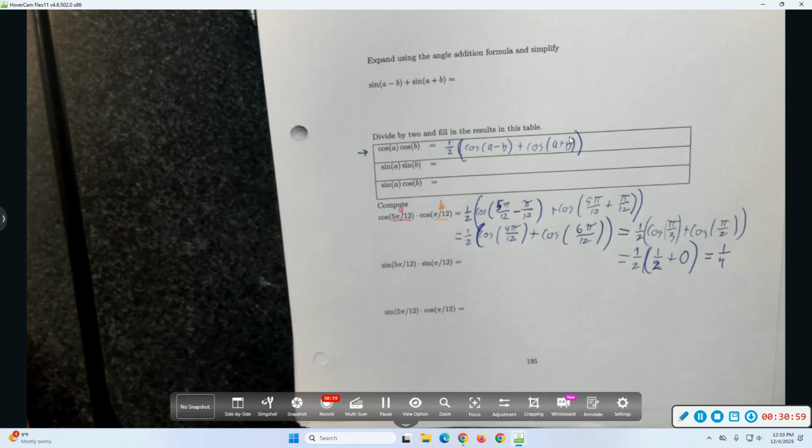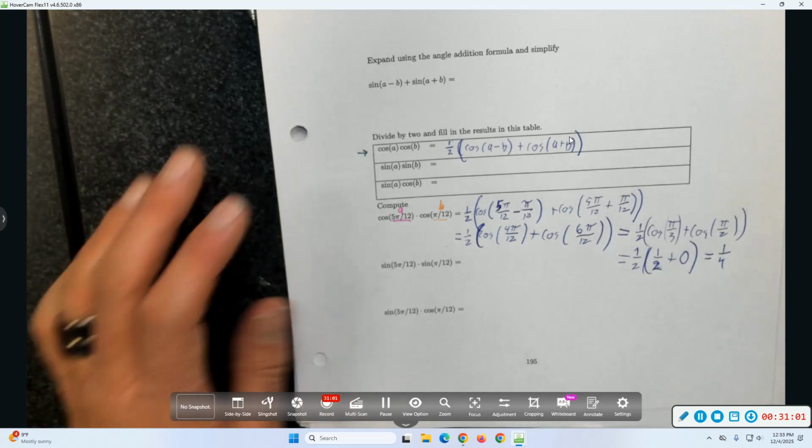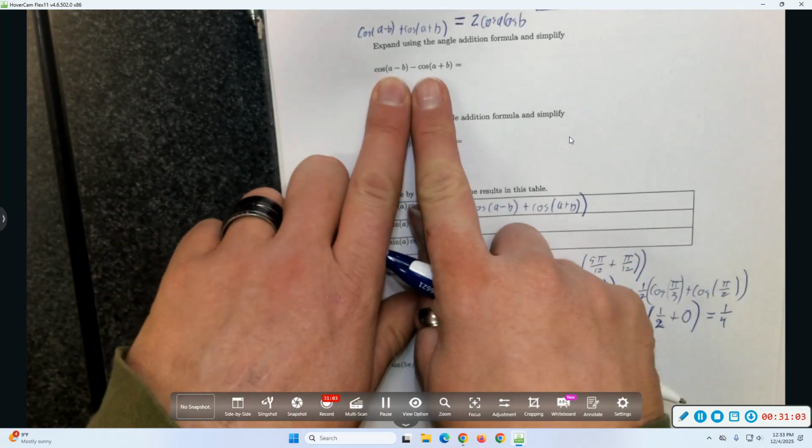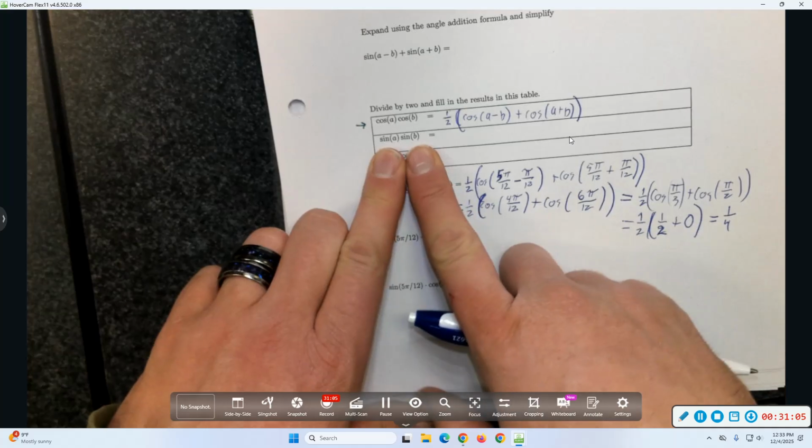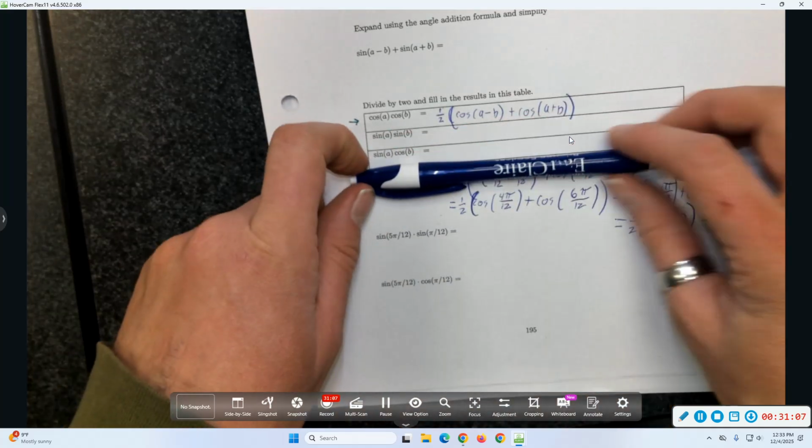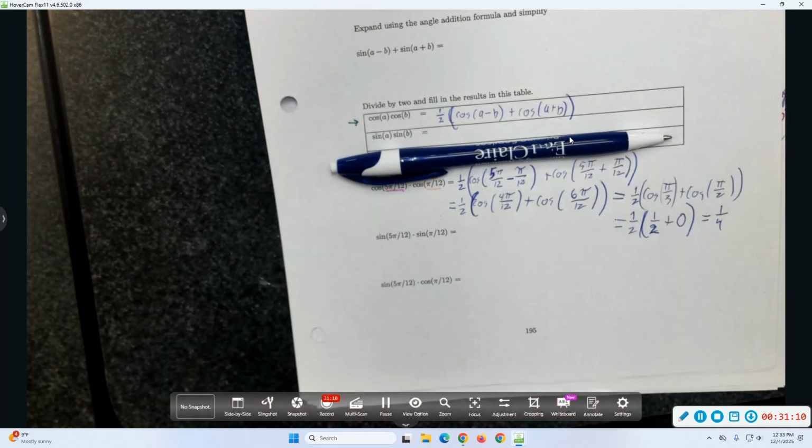Let's linger a bit on what else we could do. Maybe it's also nice to have a product to sum formula for sine. Let's think about how you would get it, and then we'll write something down.